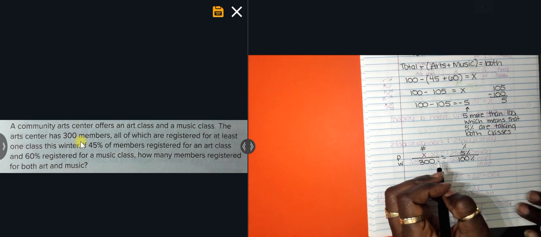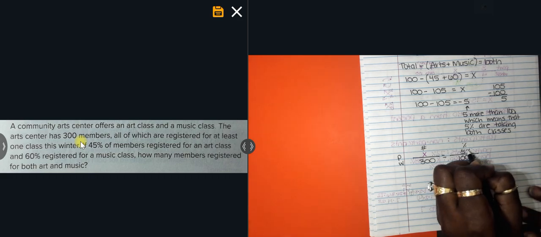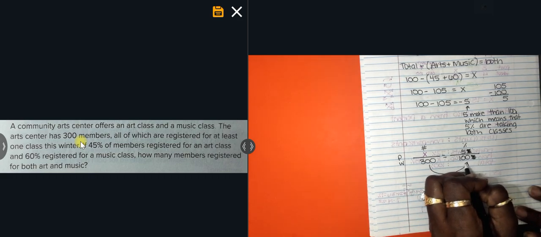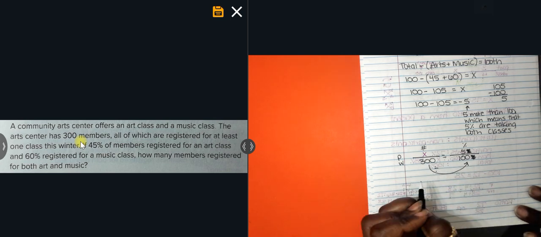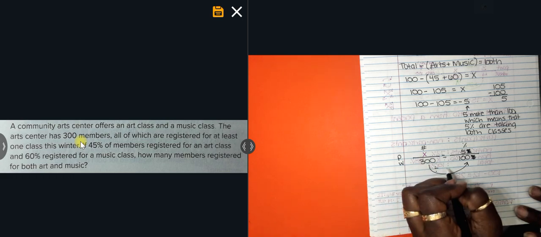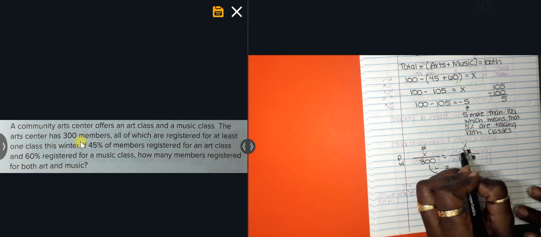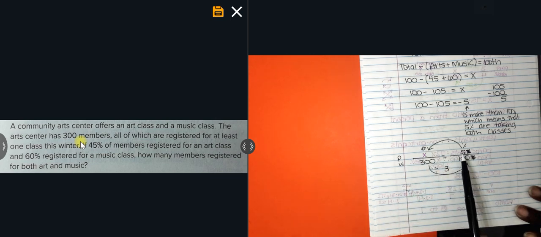So to do that, I'm going to ignore the percent sign. We just want the number, right? I'm going to go from 300 to 100. I know that I am getting smaller, which means that I'm using division. And I know that 300 divided by 3 will give me 100. Now, remember what I do to the bottom, I'm going to do to the top if I am going in the same direction. To determine which direction I need to go, I need to look and see what information I already know and then work myself towards what I don't know.